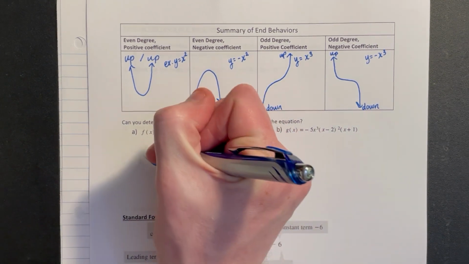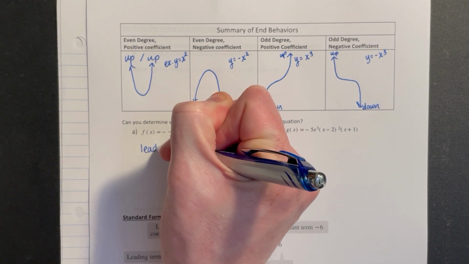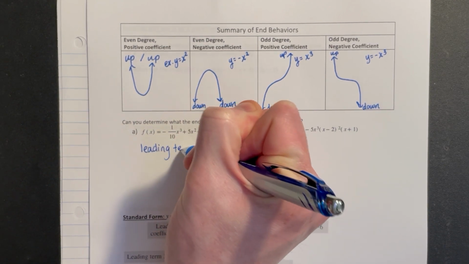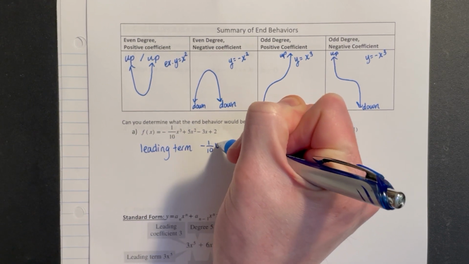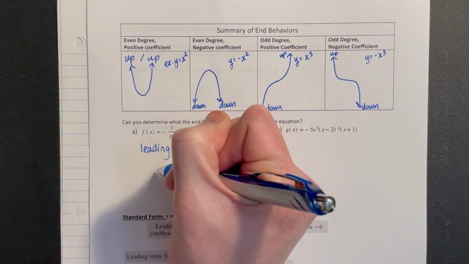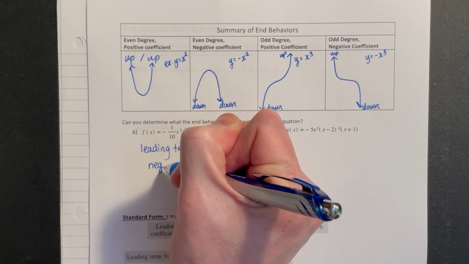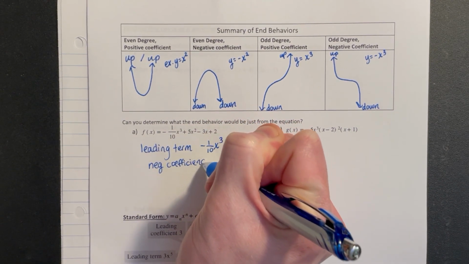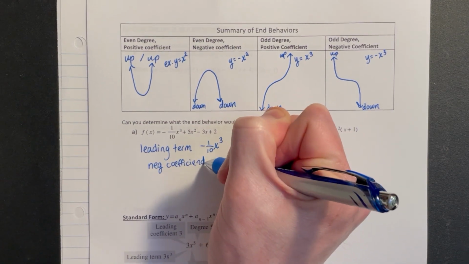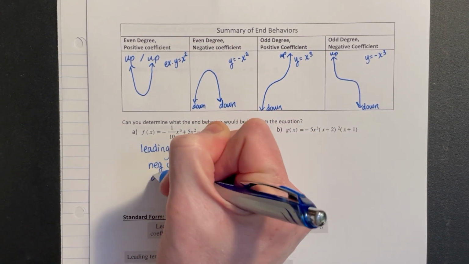The leading term is negative 1/10 x to the third. So it has a negative coefficient. And it's degree 3.